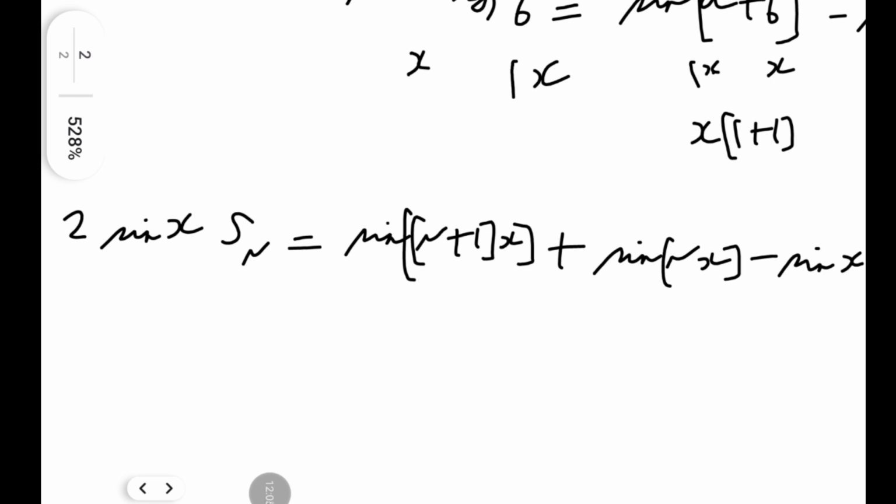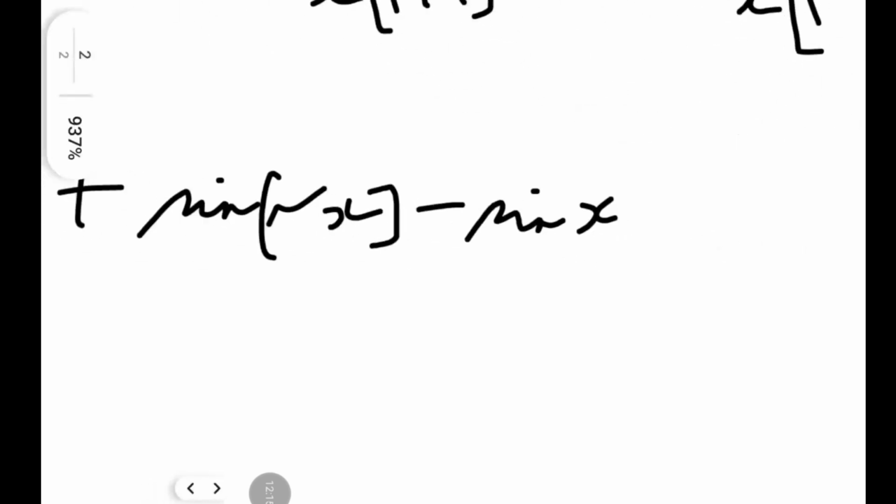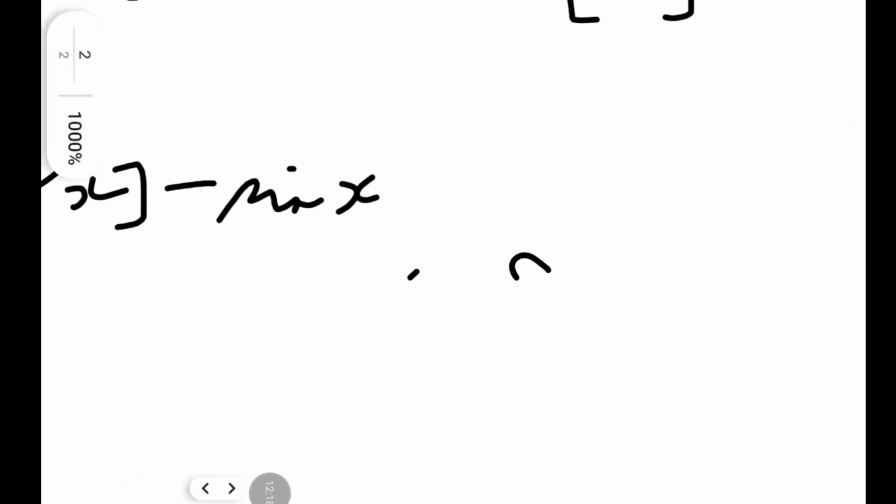2 sine of x times the sum of n is equal to sine of (n plus 1)x, add sine of nx, minus sine x. And with that, we just divide both sides by 2 sine of x to get it into a final form, at least an initial final form.